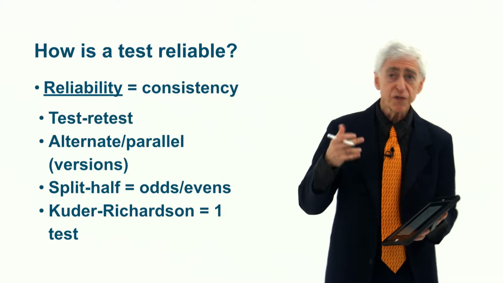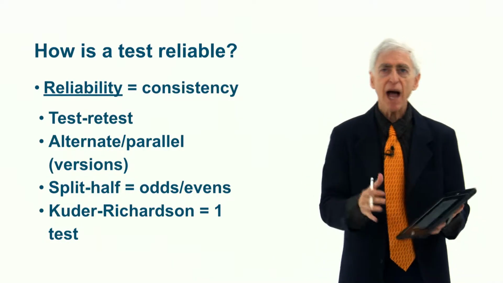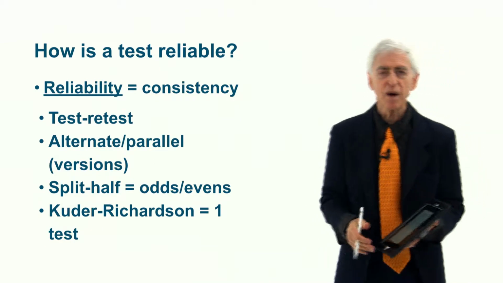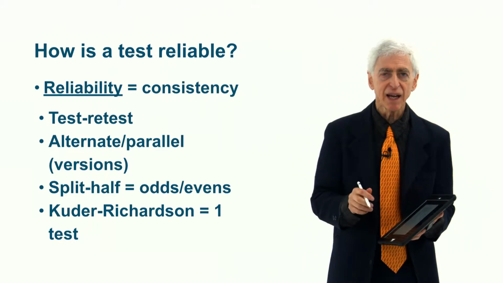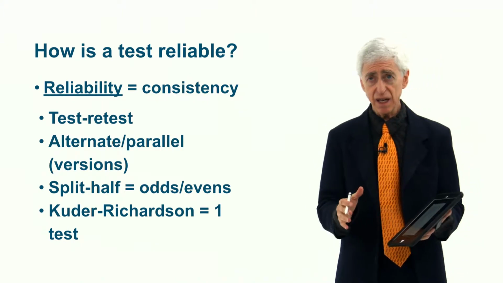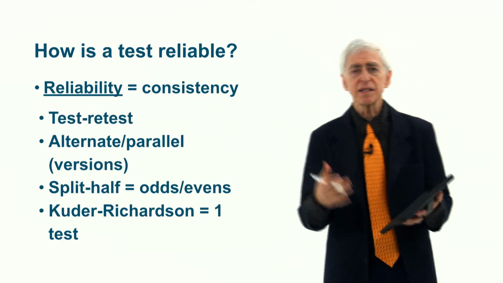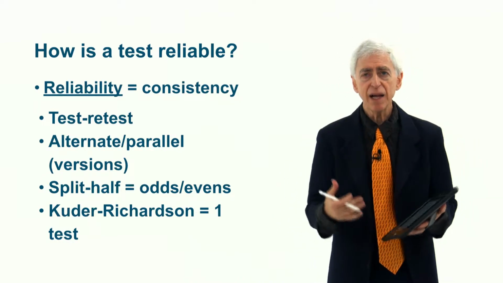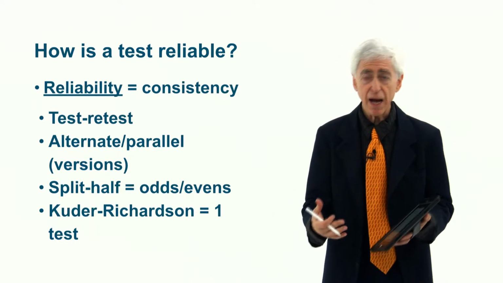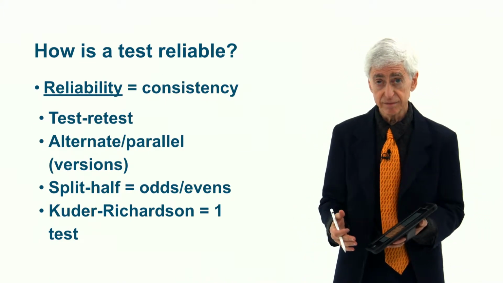With just one test, you can still prove how reliable a test is. Don't worry about that. The main thing is that there has to be a way to check, on any kind of test, whether it is consistently giving the same kinds of results, no matter who takes it, when they take it, or which version they take.